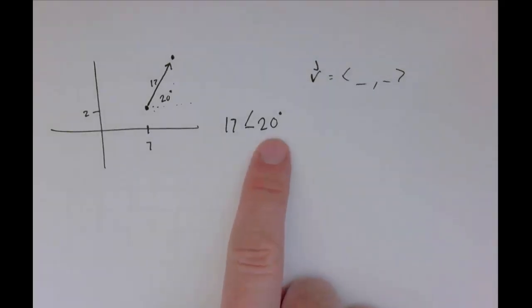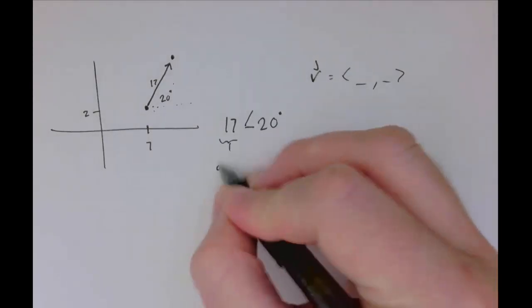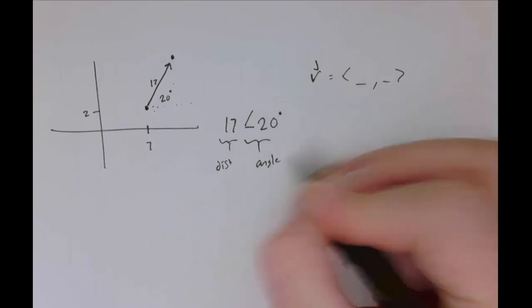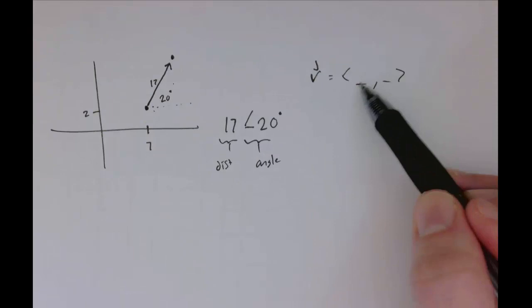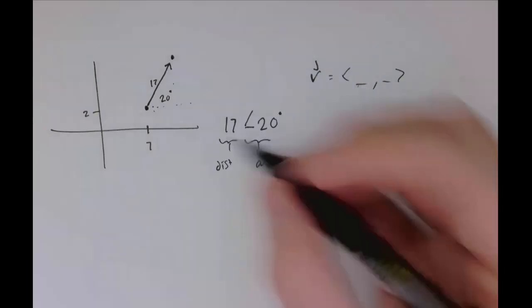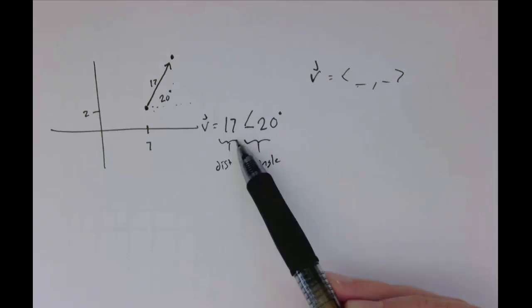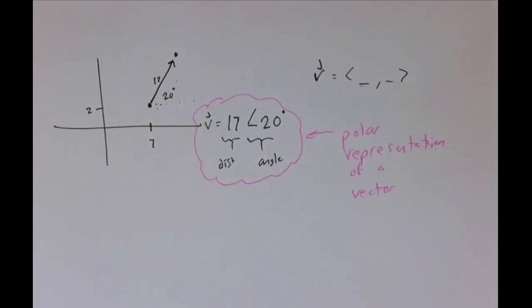This is not a standard notation, but this is the distance that you travel, and this is the angle that you're traveling along. And just like you can have an x part and a y part, I could choose to name this vector v. I could say vector v equals distance 17 along an angle of 20 degrees. So this way of thinking is called a polar representation of a vector.